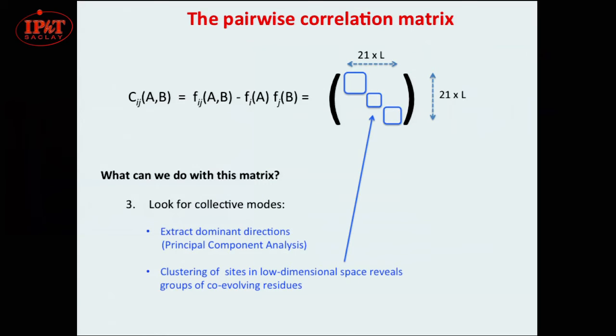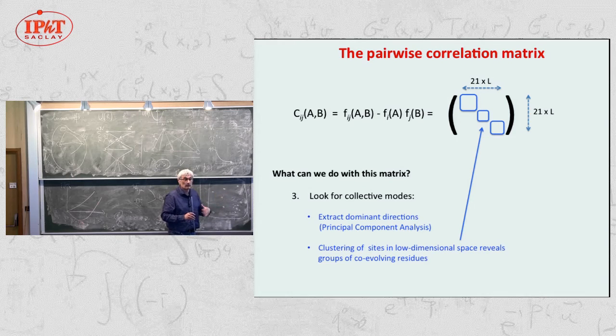Okay, so this approach has been very influential, trying to find effective interaction, but this is not the only approach that people use in order to understand the correlations between different amino acids in proteins. Another approach is essentially based on PCA, things we talked about in the previous weeks.